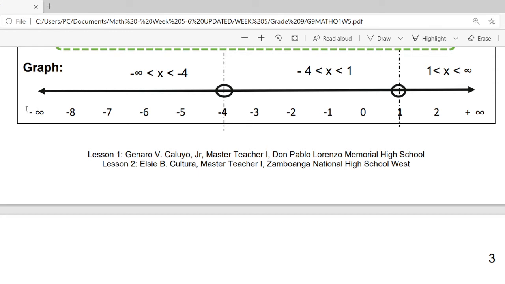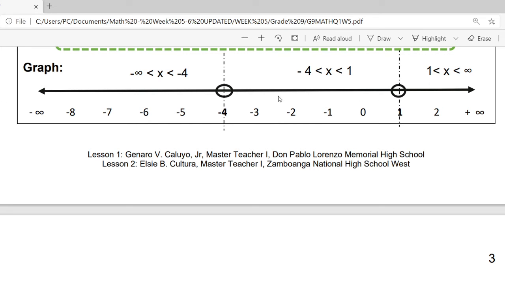Infinity means boundless, until there, and so on. So that is -infinity, because this arrow means it is continuous. But since it is on the left side of 0, this is -infinity.